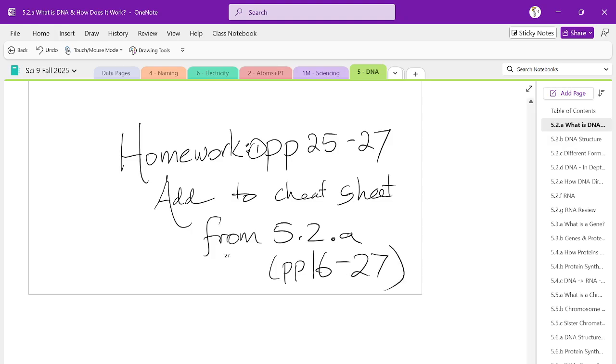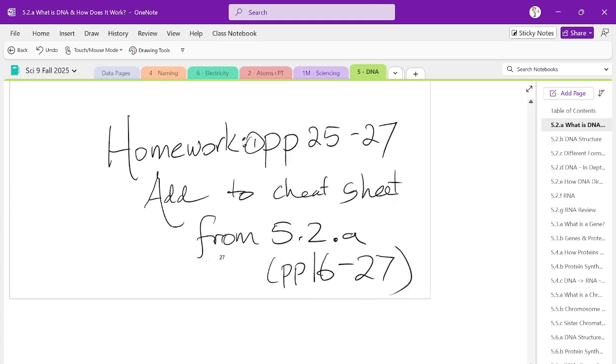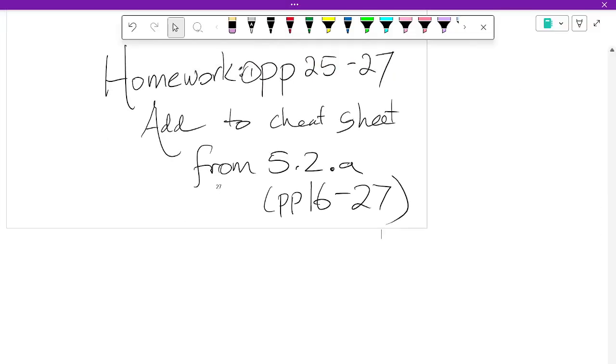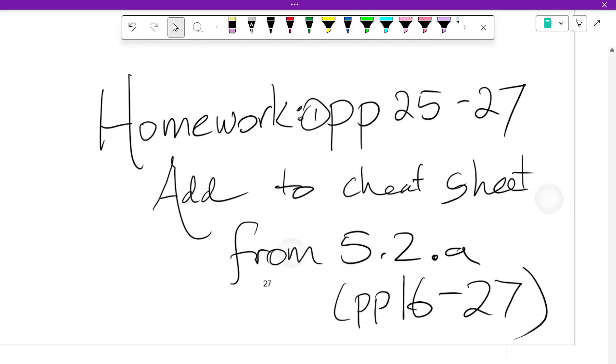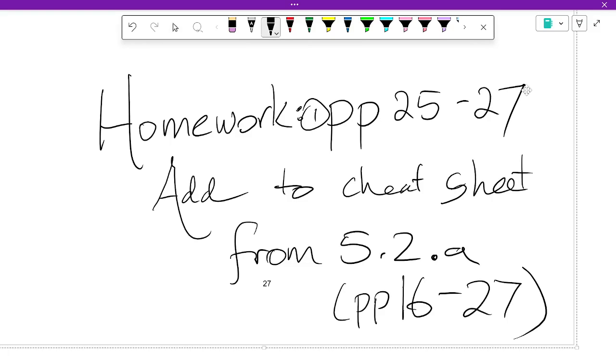Okay, folks, we got sort of cut short. So I do want to give you your homework before we completely run out of time. It's going to be going back a couple of days to what is DNA and how does it work. You're going to do pages 25 to 27.